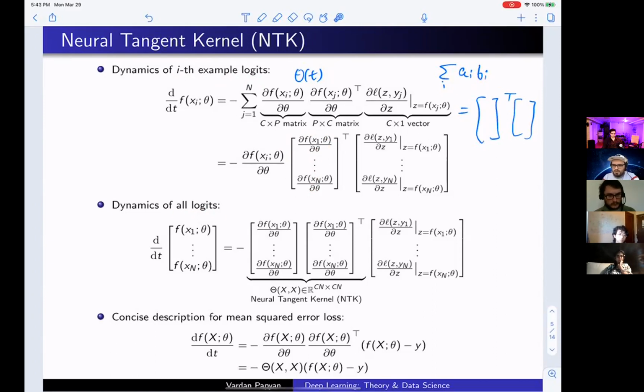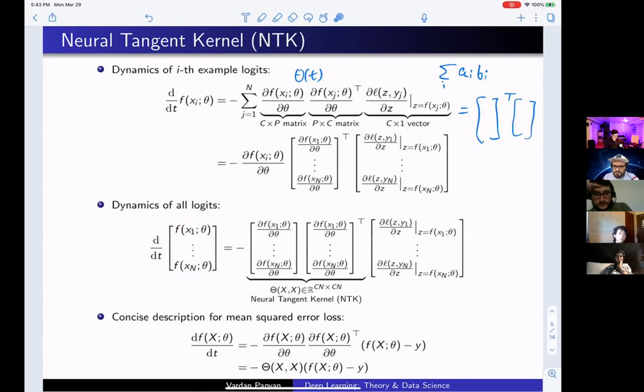So now we are going to stack all the f of x, theta, dt on top of each other, right? So now we have d to dt of the logits of the first example, second example, all the way to the last example. So this is a very long vector.